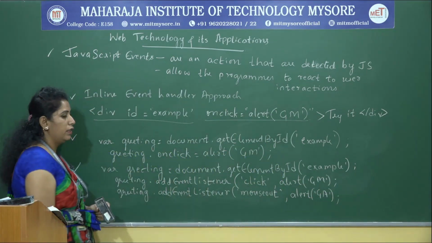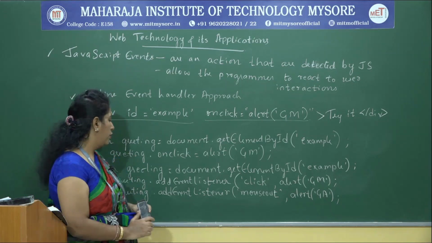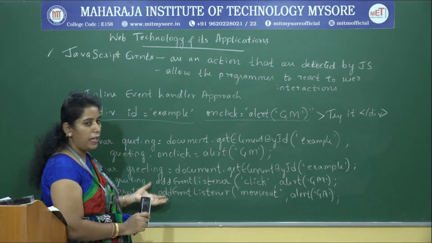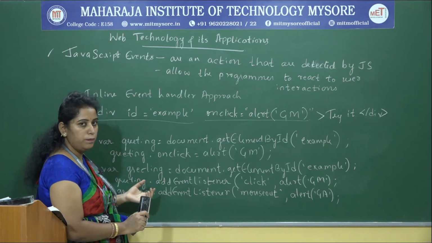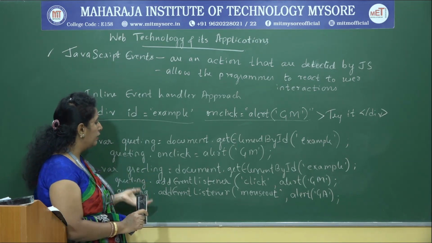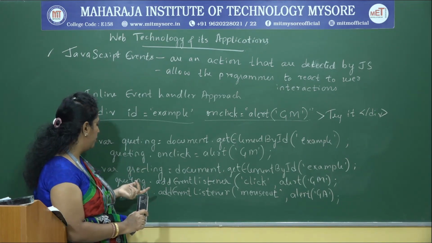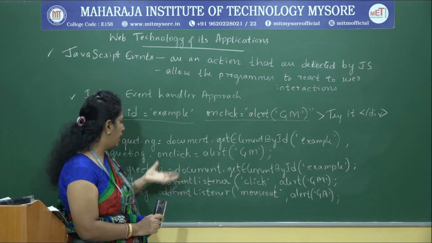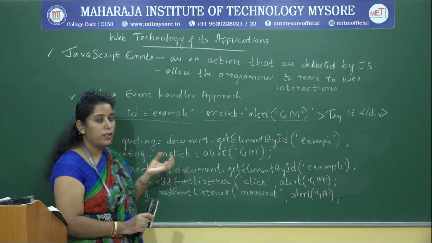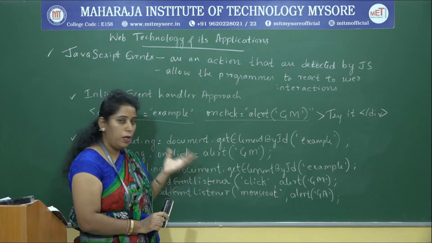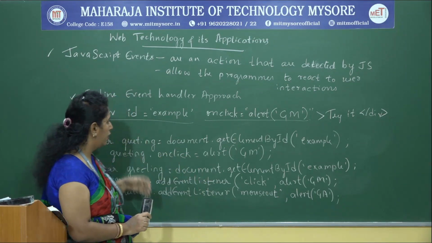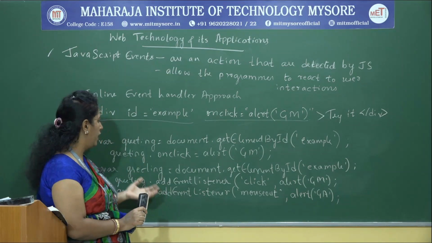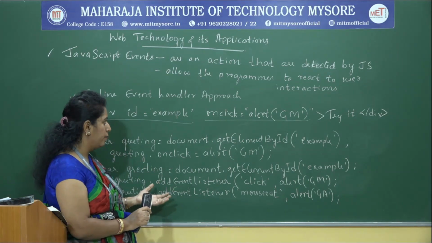So this is the second approach, where multiple handlers handle different objects. This is one example where we have dealt with mouse events. We can consider one more example with respect to date.